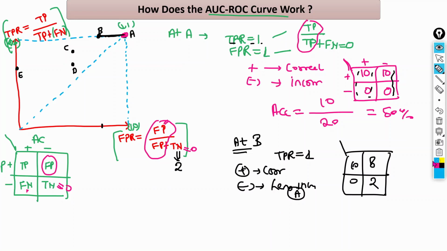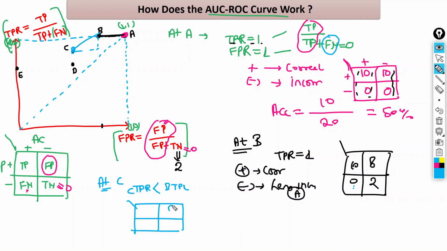Let's take point C. At this point, my TPR value will be less as compared to point B, so we have to introduce some false negative value here. In that case my output would be like this, we can say 8, 2.